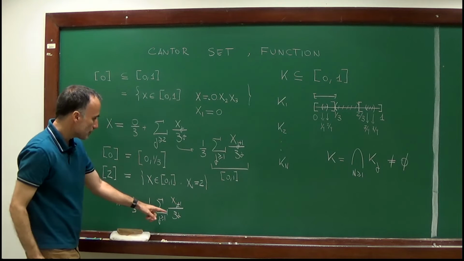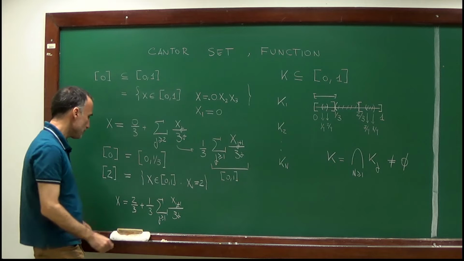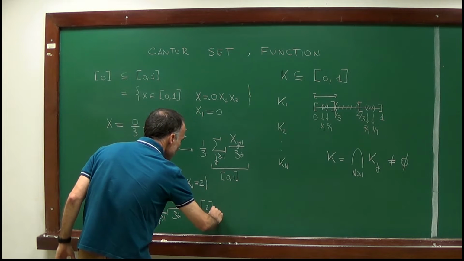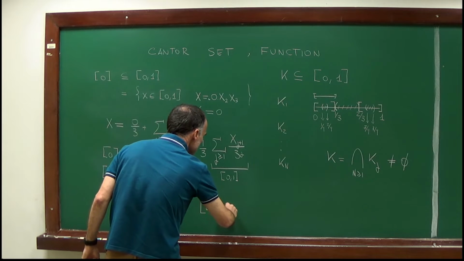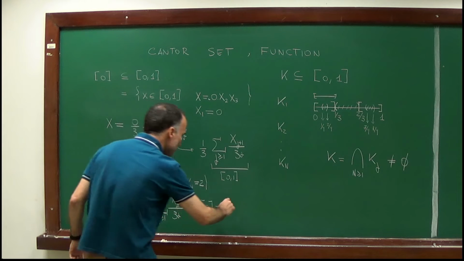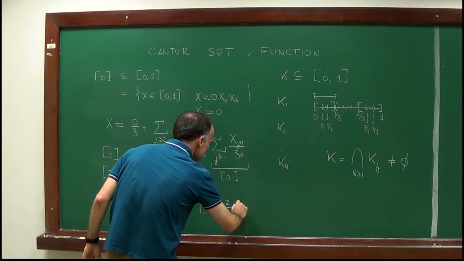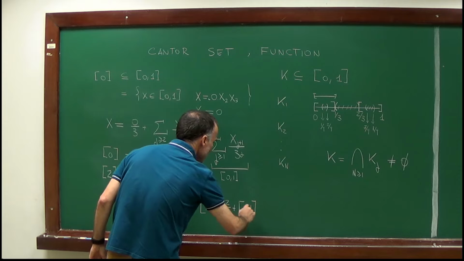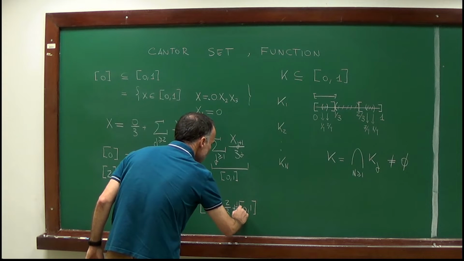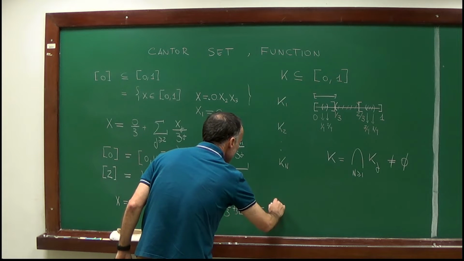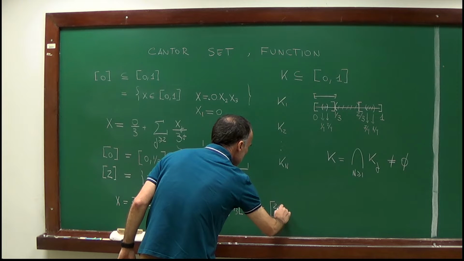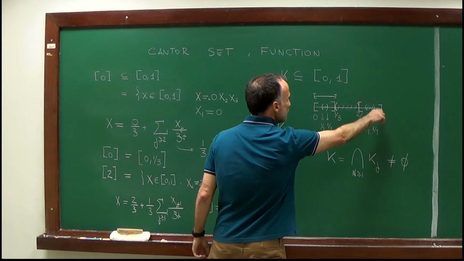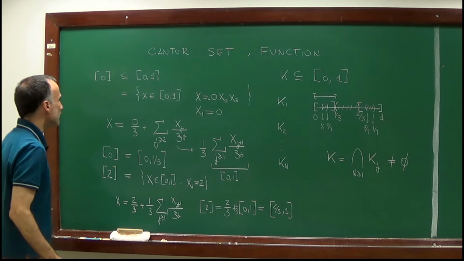Here I can generate any point in [0, 1], and therefore bracket 2 corresponds to the interval 2/3 plus the interval [0, 1] multiplied by 1/3, and this is the interval [2/3, 1], which is exactly the second set I obtained here.